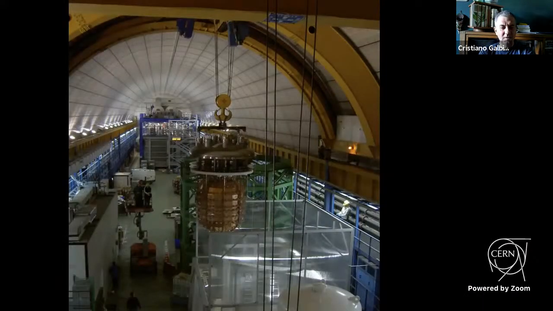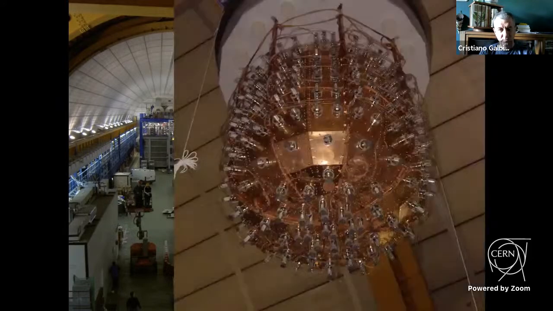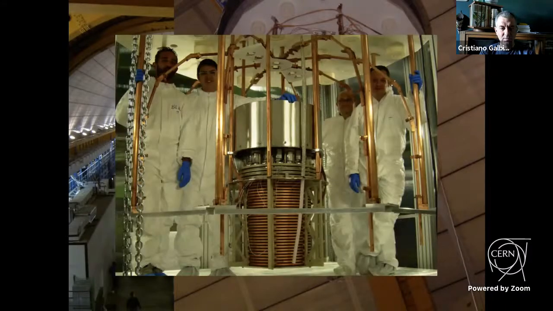You see the detector being loaded and inserted into the middle of the chamber, with its side of veto PMTs surrounding the internal chamber. And this is the internal chamber of the detector.